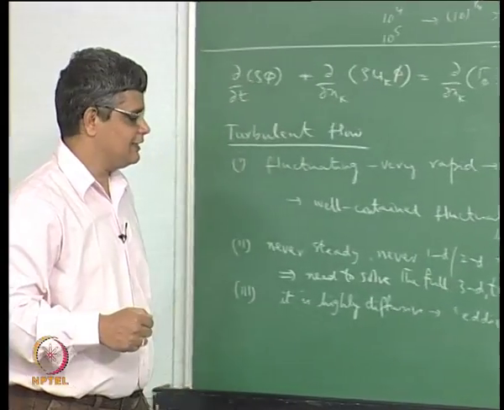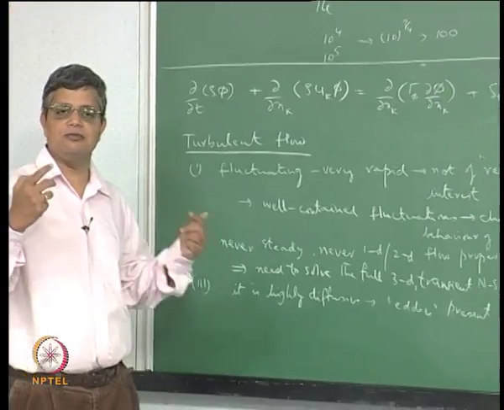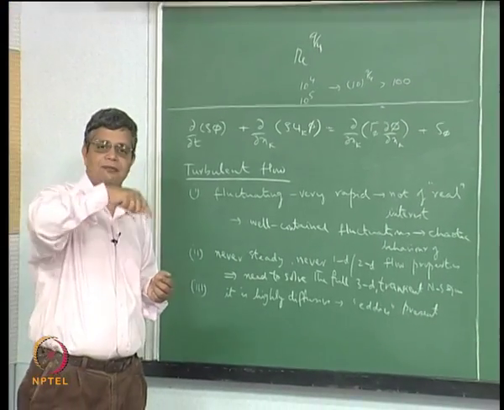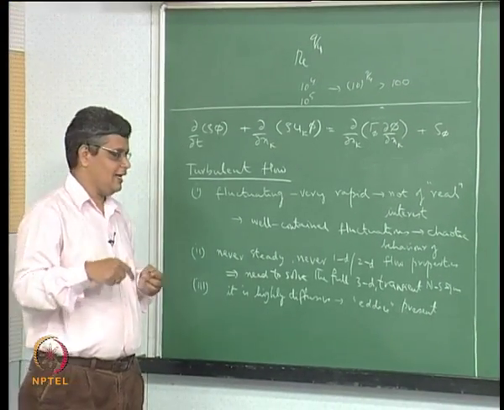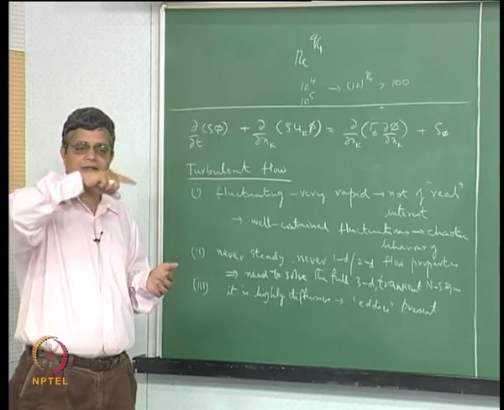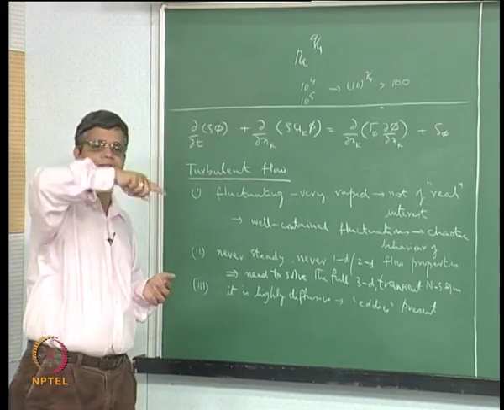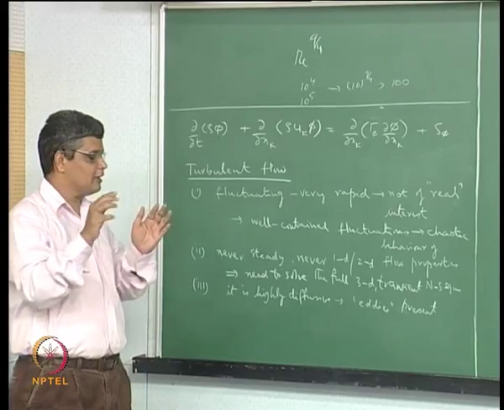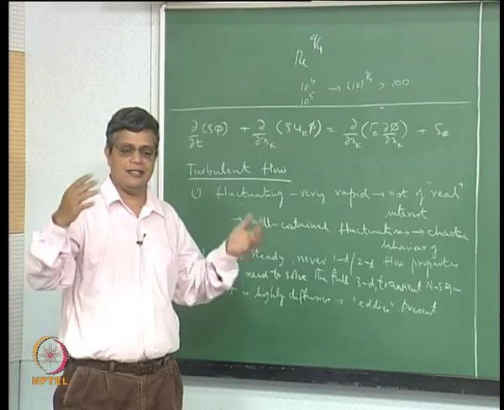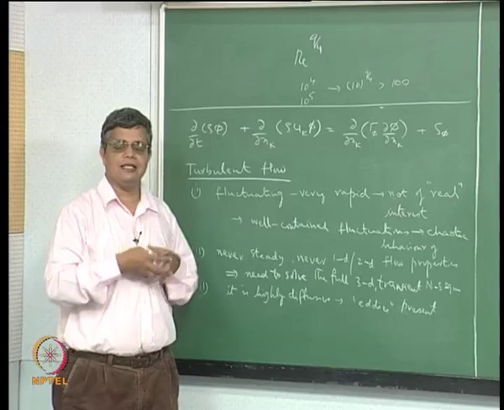Okay, so these eddies are almost like mini whirlpools. They mix rapidly, and you have not only eddies like this, you have eddies like this, you have small eddies, you have large eddies, and then you have even larger eddies.